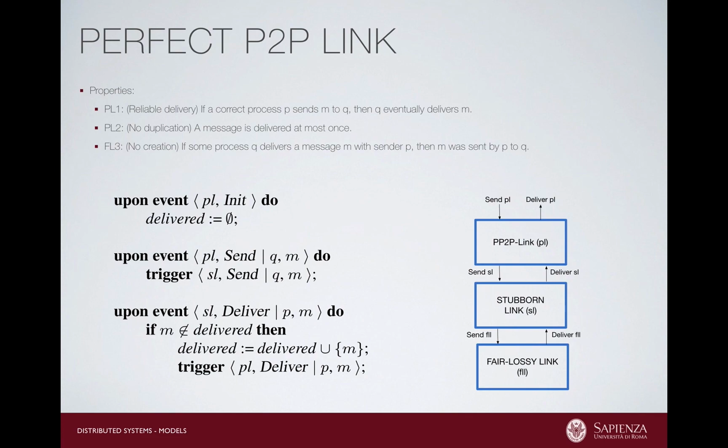The no duplication property is really trivial to prove by using the third handler. It's easy to see that it's not possible to pass the if m does not belong to delivered check if you have already triggered perfect link deliver of p and m.